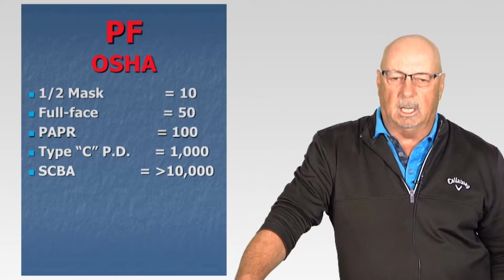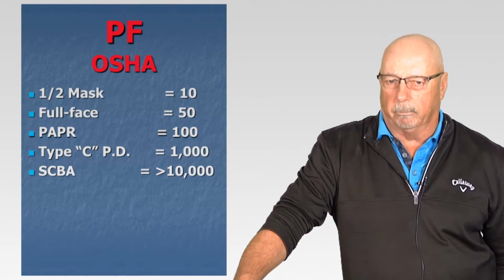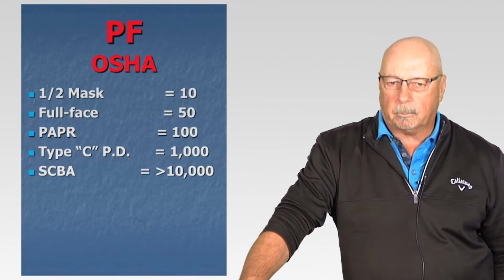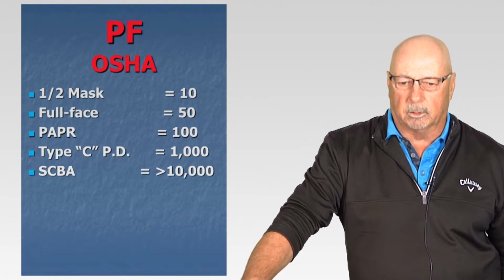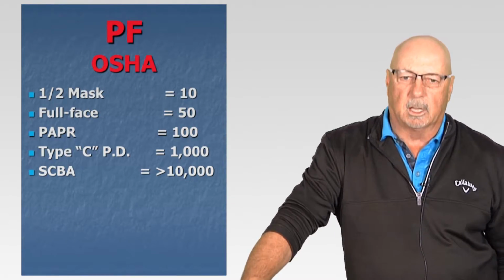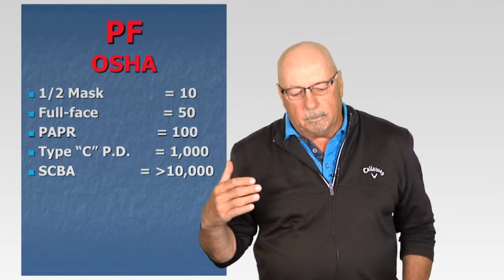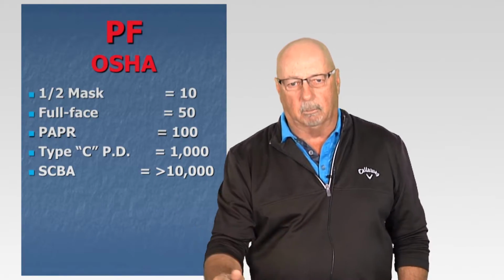For a Type C pressure demand respirator, which are your airline respirators, you have a protection factor of 1,000. And for self-contained breathing apparatus respirators, the protection factor assigned is greater than 10,000. So you can see that we get greater levels of protection with the more sophistication of the respirator.